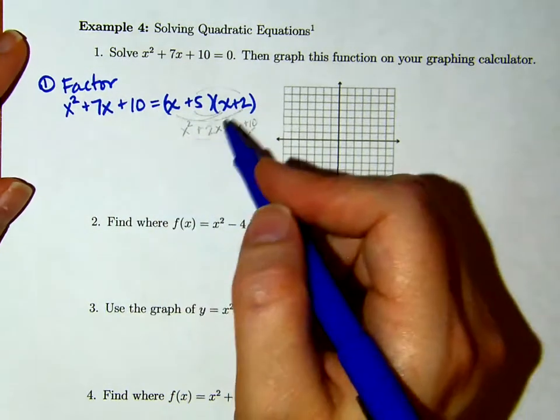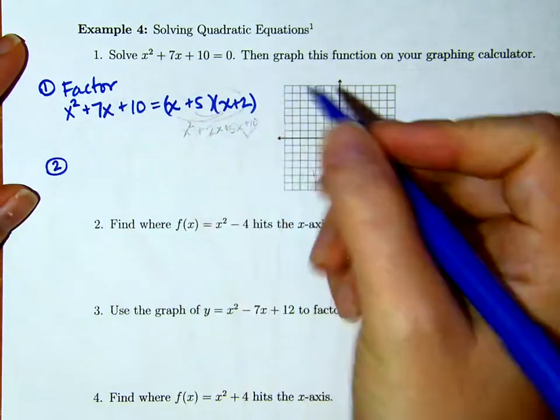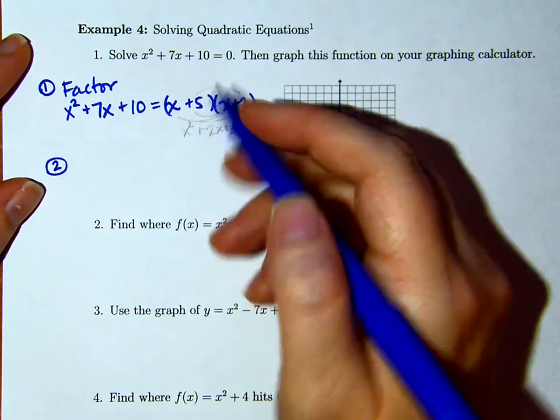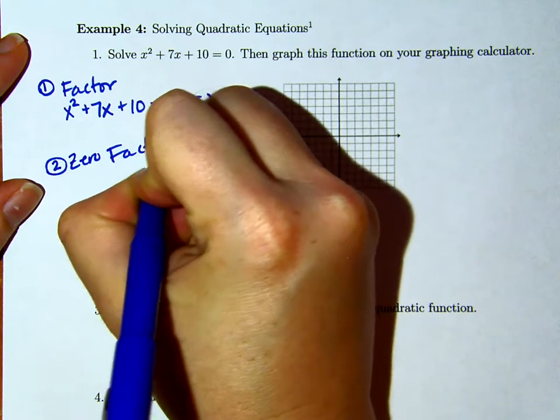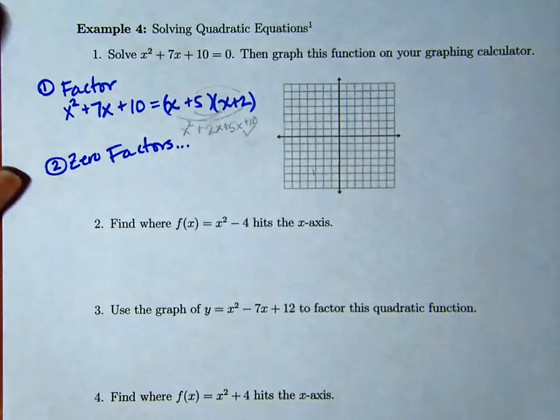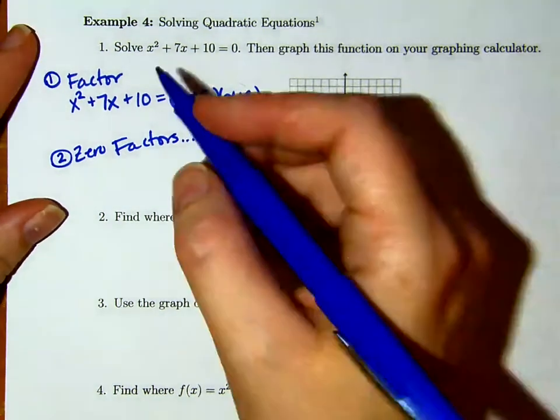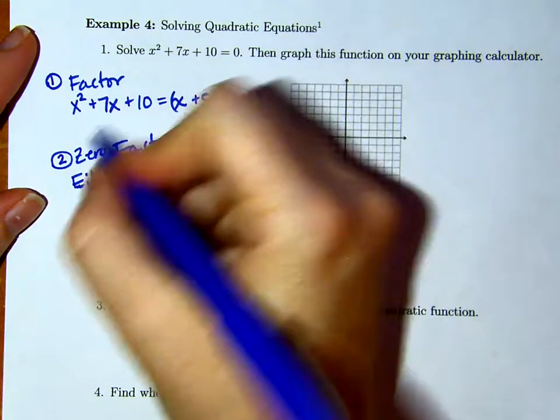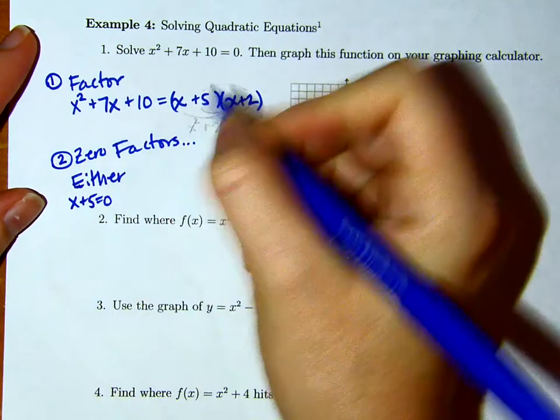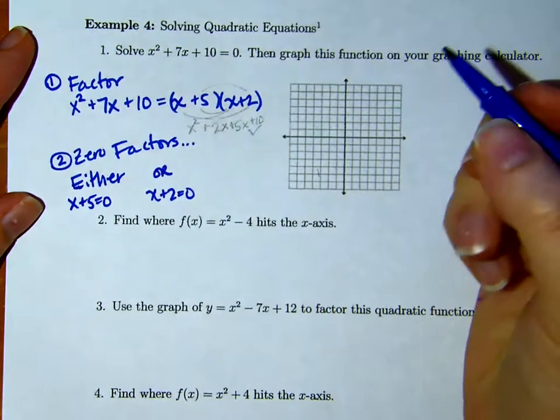Okay, so our first step was to factor. Done. And then our second is to do the either or with the zeros. So, zero factors. Okay, well, the zero factor business said that either x plus 5 equals 0 or x plus 2 equals 0.